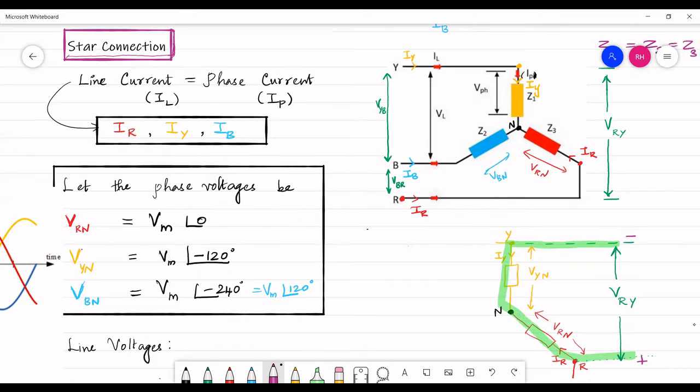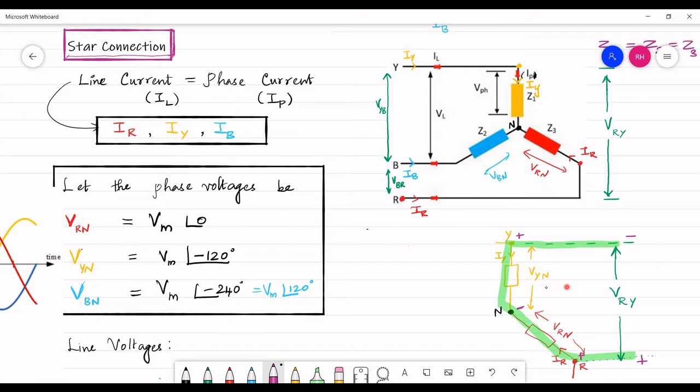That's why we write it as VRY. And here VYN, in the sense Y is at a higher potential when compared to neutral. And again, when we write VRN here, it means R is at a higher potential. So you put a plus here and a minus to denote a lower potential.